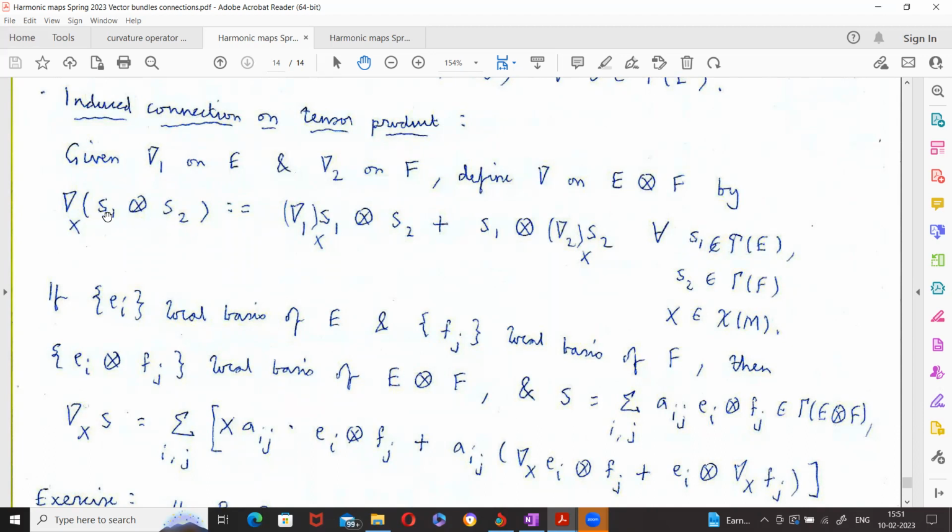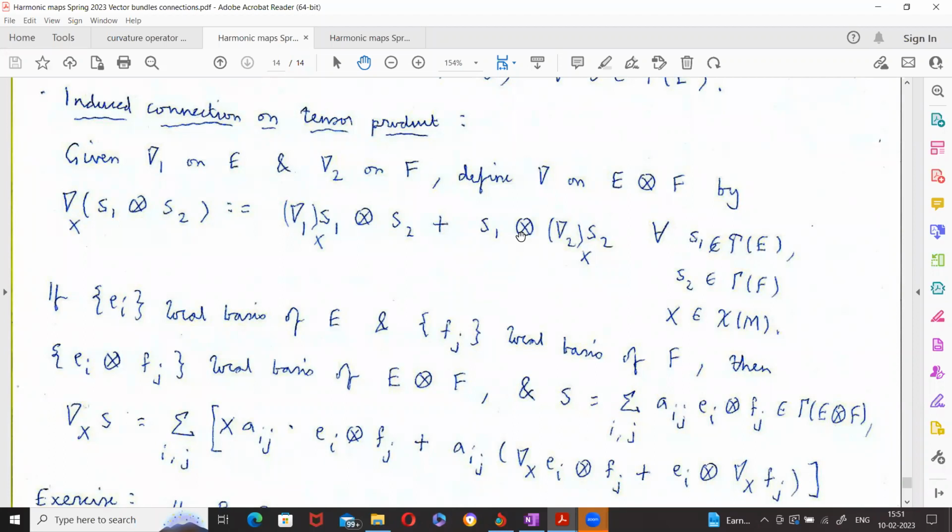Okay, so if s_1 is a section of E and s_2 is a section of F, I can look at s_1 tensor s_2. This is a section of E tensor F. So I define nabla_X of this to be nabla_1,X of s_1 tensor s_2 plus s_1 tensor nabla_2,X of s_2. All right. So again, a kind of Leibniz rule.